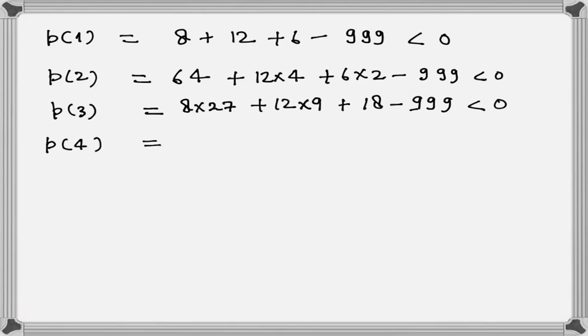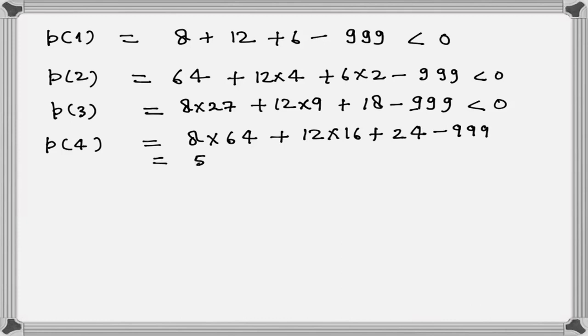P(4) is 8 into 64 plus 12 into 16 plus 6 into 4, which is 24, minus 999. So let's calculate this: 512 plus 192 plus 24 minus 999.